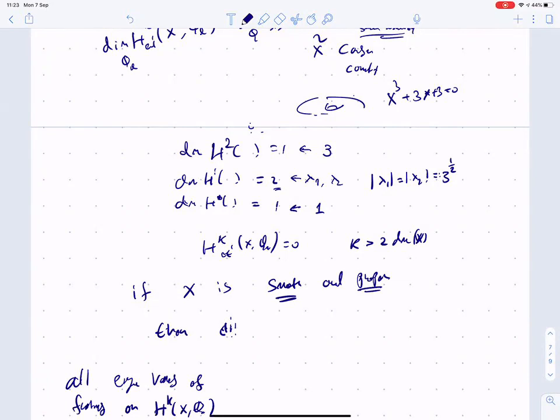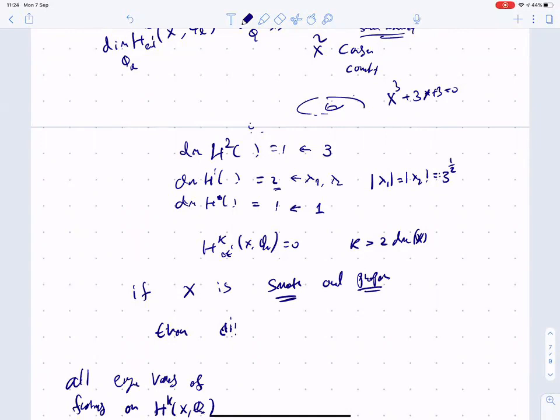But the one important thing to say is that even if you're interested only in the case of smooth and proper, it will be very important for us to not assume those assumptions, because the way we're going to prove this is we're going to do reduction steps that change the algebraic variety we're working on.